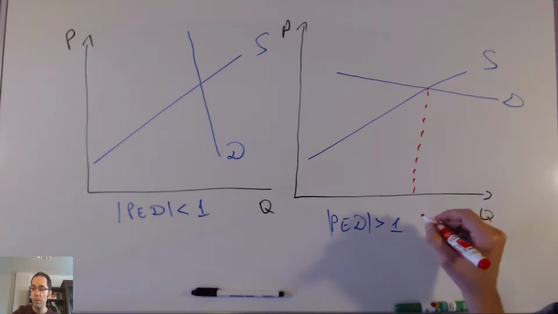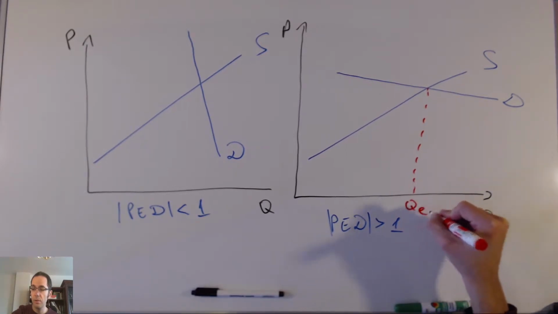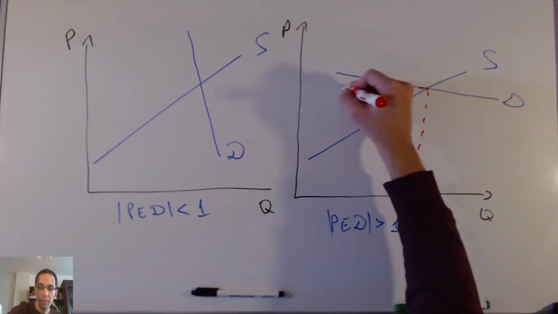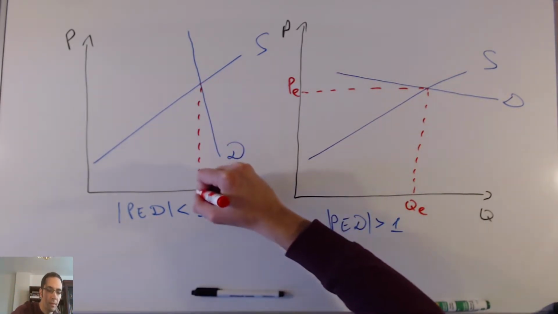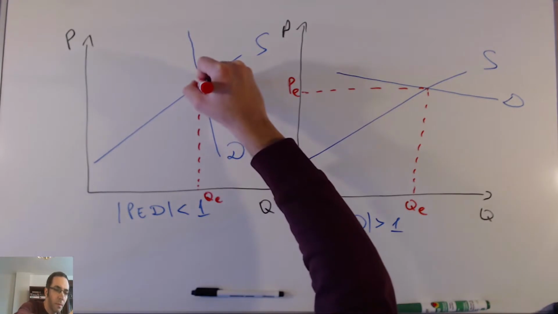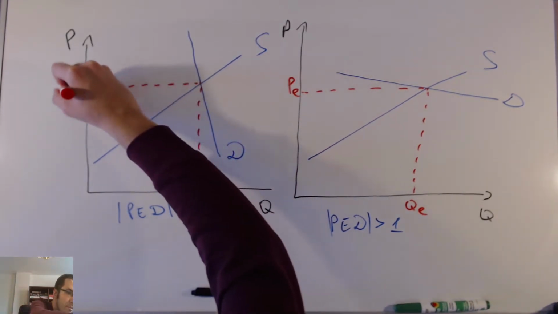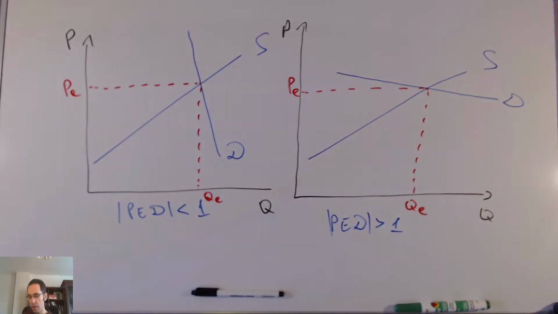So this would be QE, this would be PE. I'm going to use a specific tax, but if you do the same exercise and you use an ad valorem tax, the outcome will still be identical to our findings.